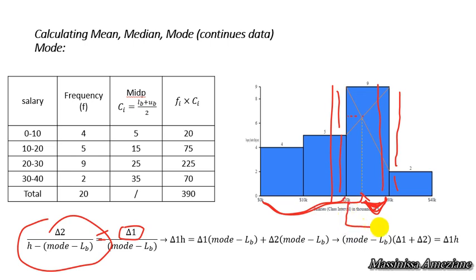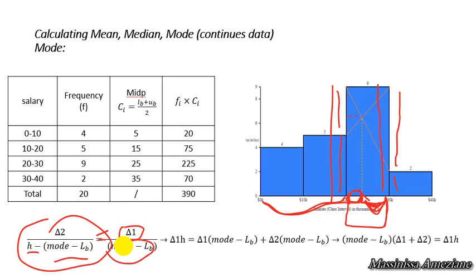h, this minus this, and this actually we know it is the mode minus the lower boundary of the modal class, so it is h minus this.